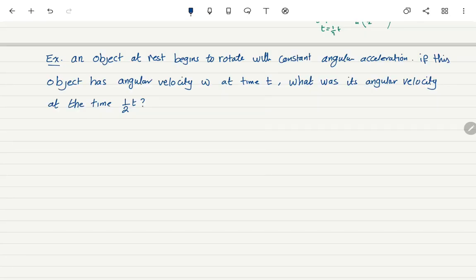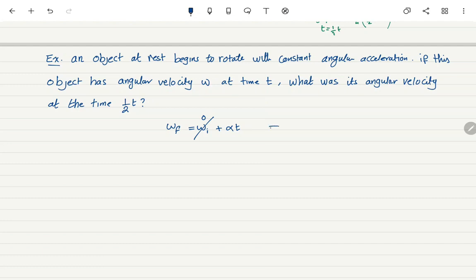Example: now in this example, an object at rest begins to rotate with constant angular acceleration. If this object has angular velocity omega at time t, what was its angular velocity at the time half t? Now remember, omega final equals omega initial plus alpha t. Starting from rest means omega initial is equal to 0.